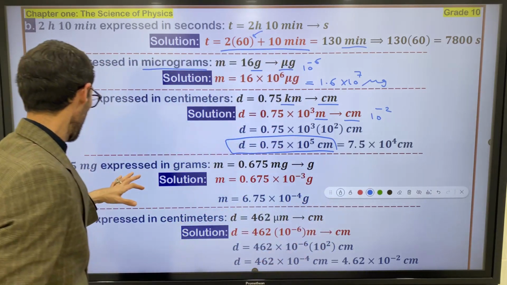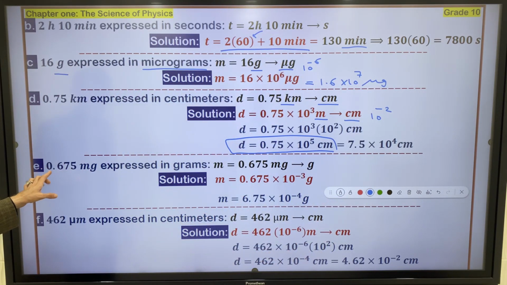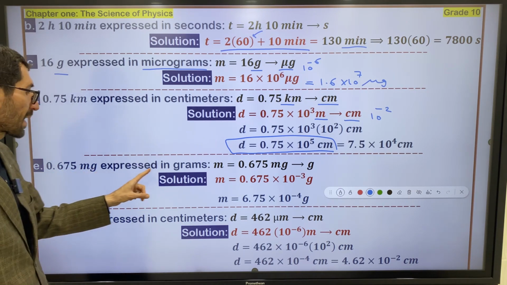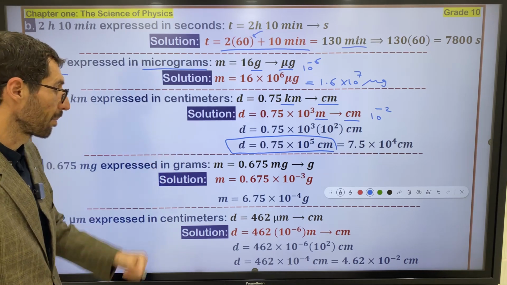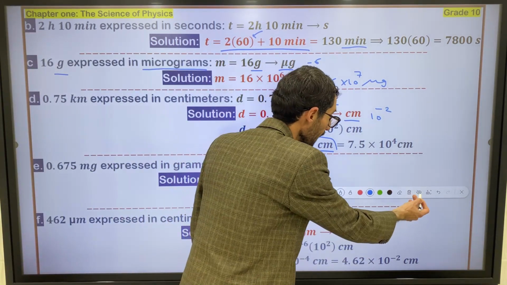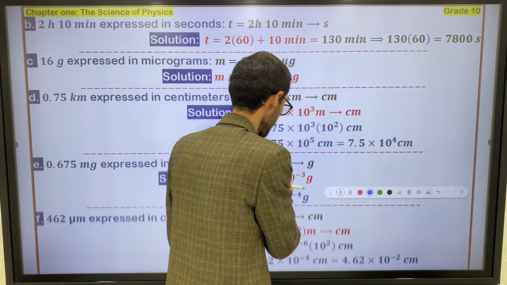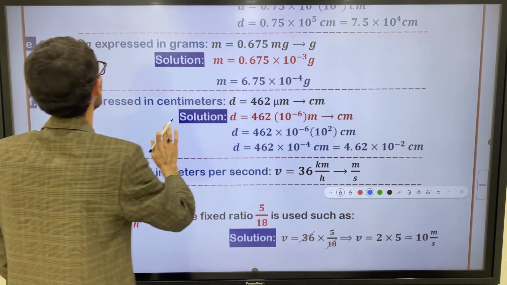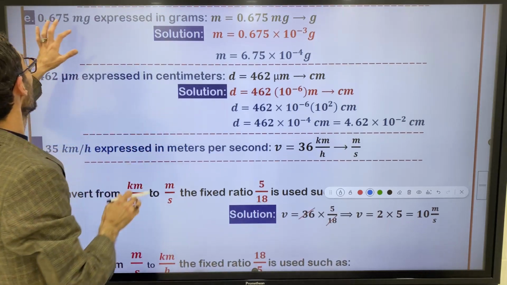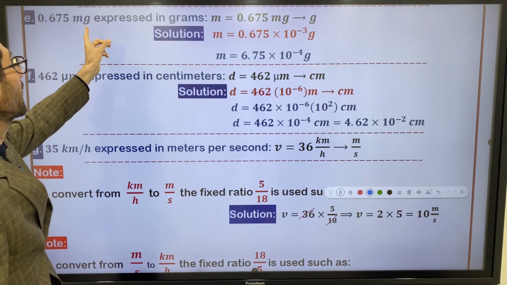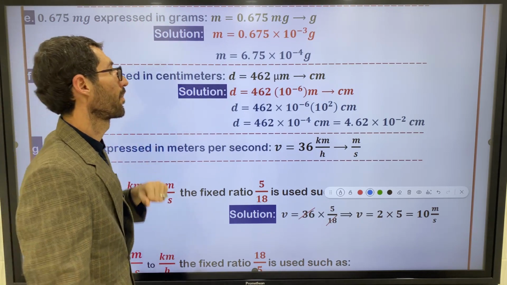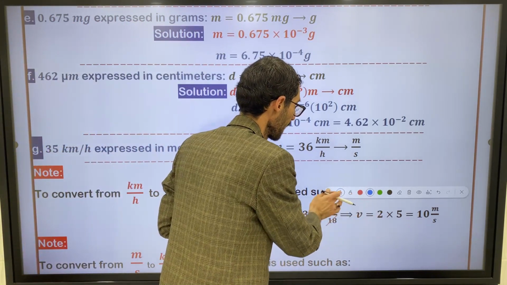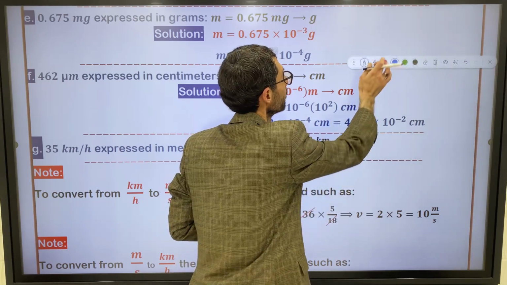Let's move on to another question. 0.675 milligram expressed in gram. We want to convert it to gram, right? Right now, let's put it here. This number, milligram to gram, right? Milligram to gram.